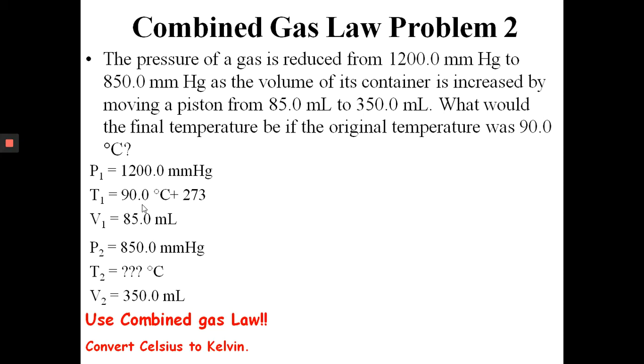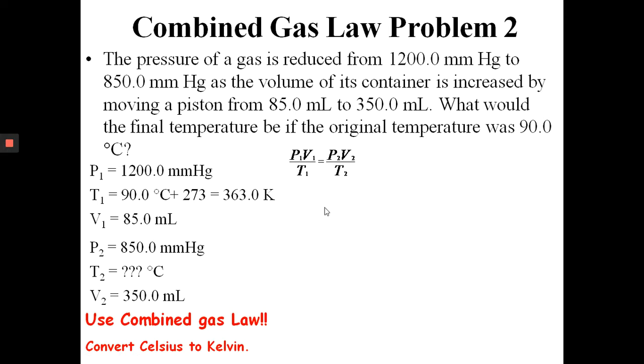Again, 90.0 Celsius also has the measurement to the nearest 1/10, and you're adding a number here, so the addition rule applies. But 273 itself doesn't affect your significant figures because this is just a conversion factor. So your reported number for Kelvin should be 363.0 Kelvin.